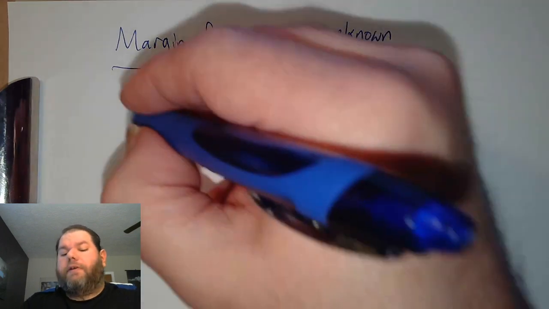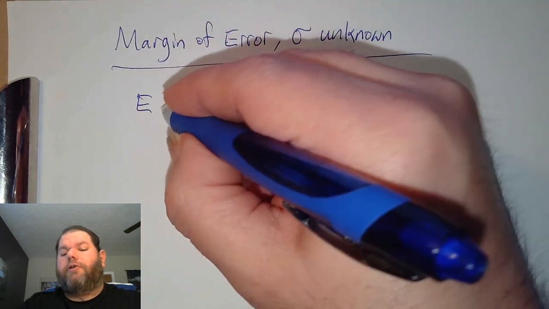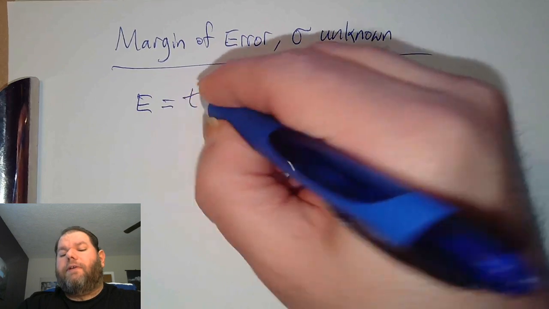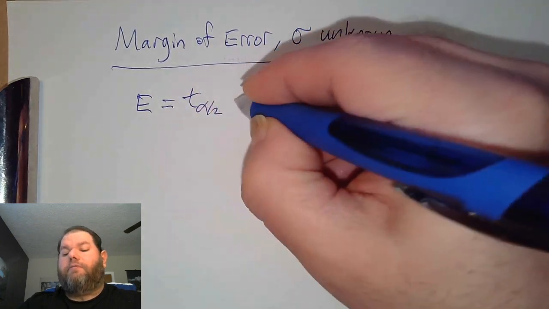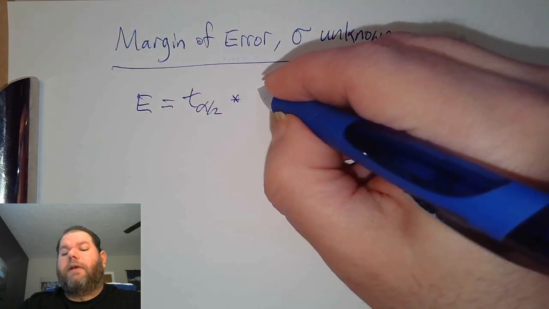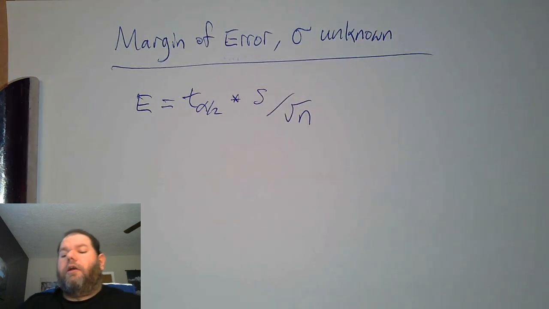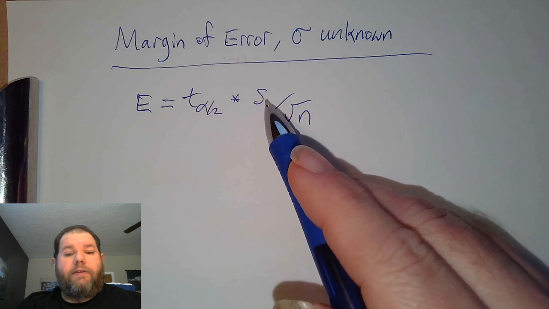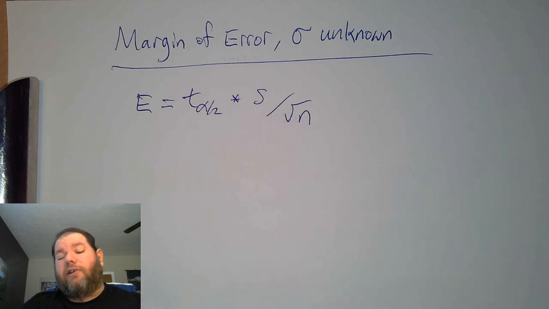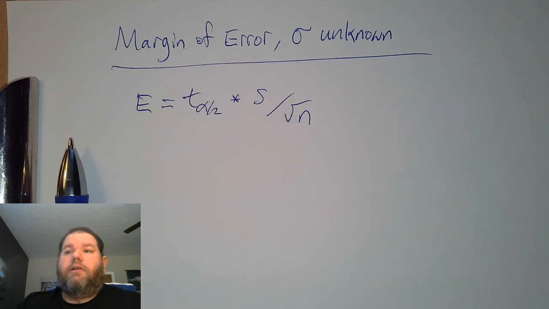In this case, our error term E is t alpha over 2 times s divided by the square root of n. You'll remember that s is the sample standard deviation, so as long as we have sample data, we'll be able to find both the sample mean and the sample standard deviation.